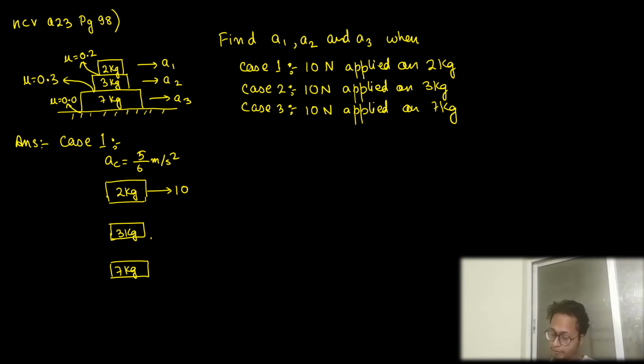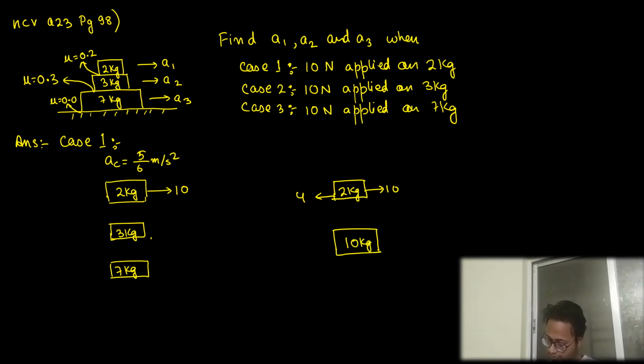I have to find out the maximum value of acceleration. So out here the 2 kg block has 10 N. What is the maximum value of friction force on this surface? The maximum value of friction force is mu into N, where N is 20. So 0.2 into 20 is 4. And in this block, 7 plus 3 is 10 kg.